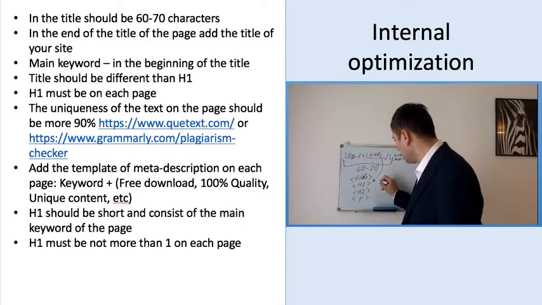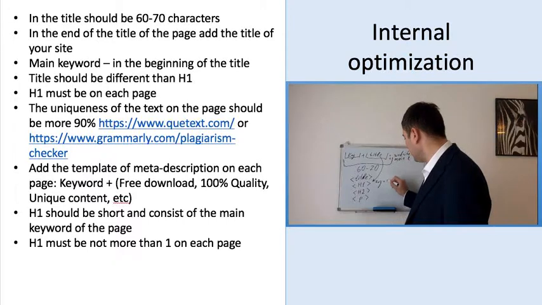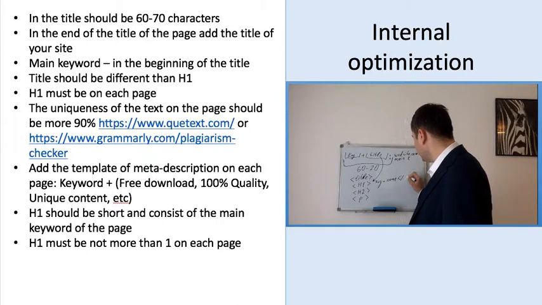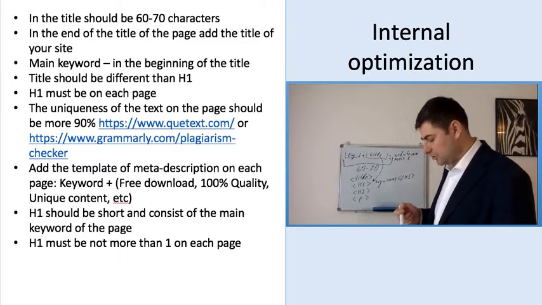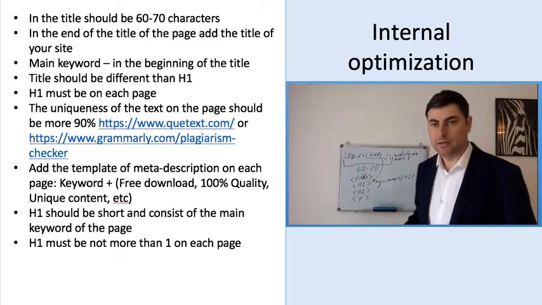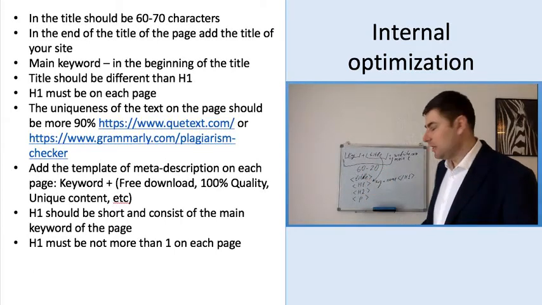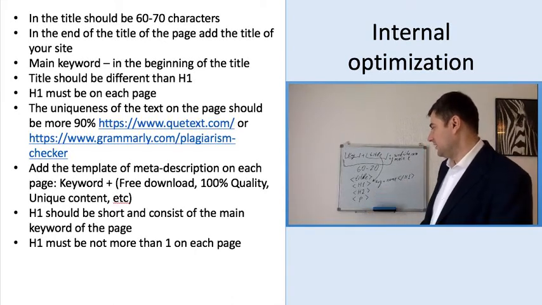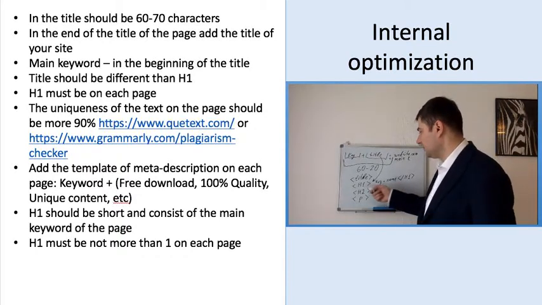Put here the keyword that you want to be on top of Google, plus the name of the video. And here we close the tag h1. Here it looks like in HTML, but when you are creating this web page or post in WordPress, it will look like inside Microsoft Word, for example. You will not see this.